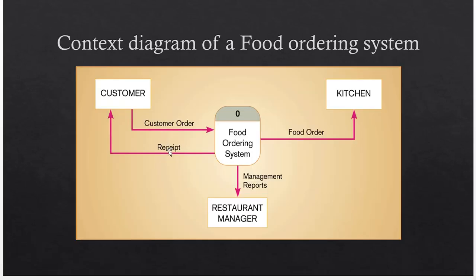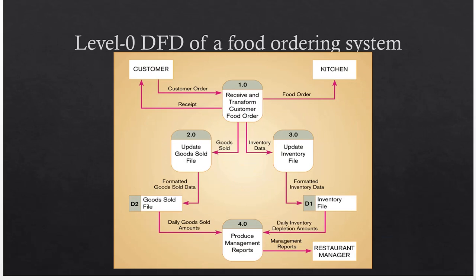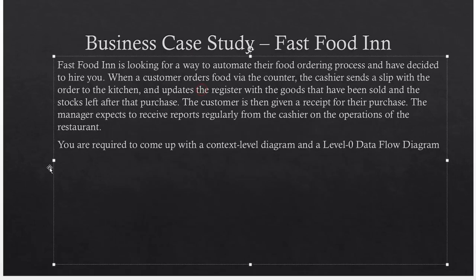Then after we've come up with the context level diagram, we now need to expand this food ordering system to see exactly what's happening in the system, how data is moving in the system. And that's where we come up with our level 0 diagram. In this level 0 diagram, we are trying to take care of the issues discussed in this business case that do not involve any external entities.